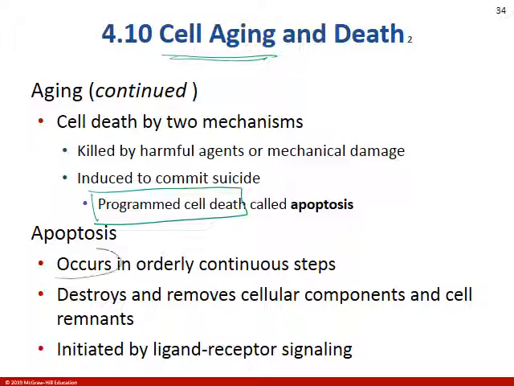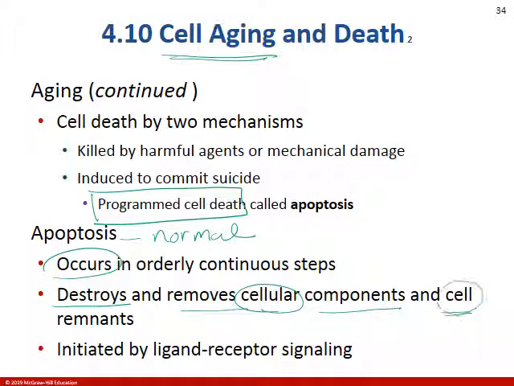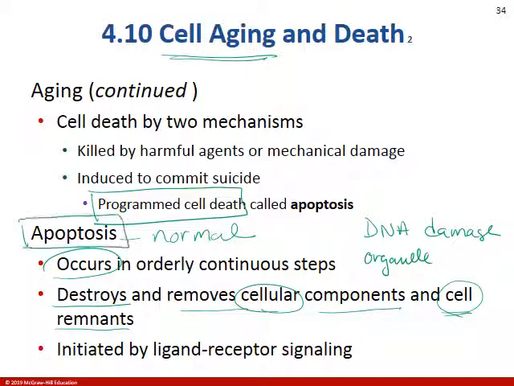So this occurs normally, this happens throughout your lifetime, where you destroy or remove cellular components and cells if they're defective. So if you have anything like DNA damage, we don't want the cell to copy itself if its DNA is damaged, right? If you have an organelle that's not working correctly, you can trigger apoptosis.